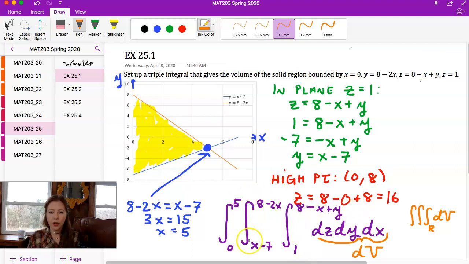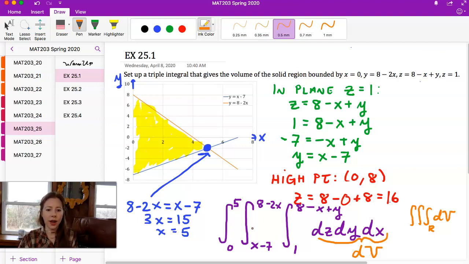And then moving outward, that's moving along the line segment that moves from y equals x minus 7 to y equals 8 minus 2x. And that's moving along the flat region that moves from x equals 0 to x equals 5.